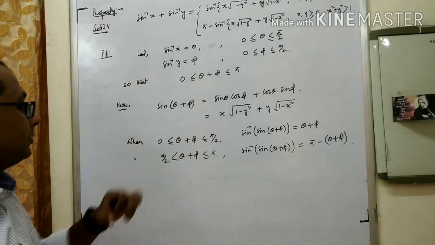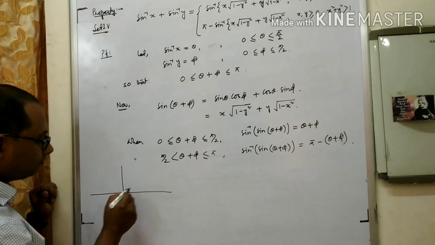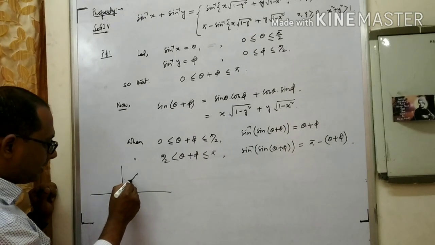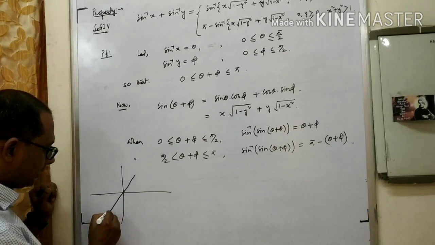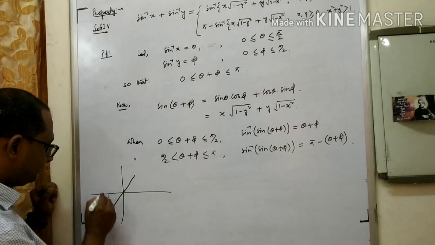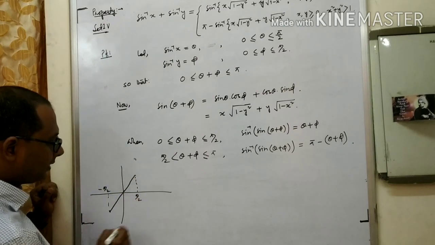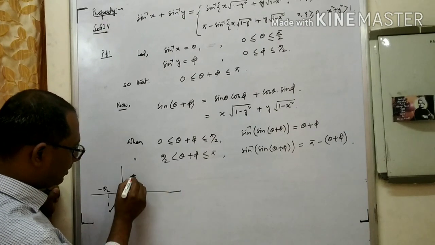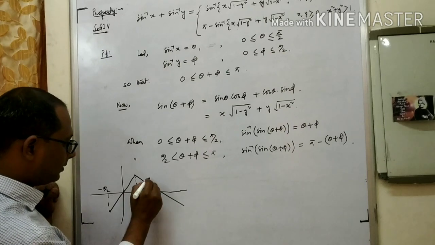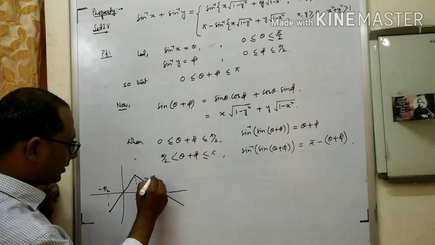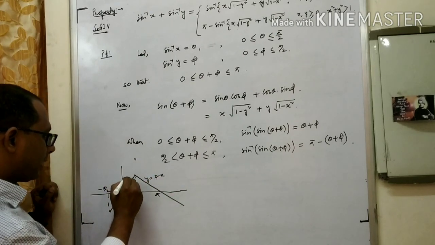Please understand, the other day we discussed the graph, if you remember. Sine inverse of sine theta is theta in this interval minus pi by 2 to pi by 2, and this one is y equal to pi minus x, this is y equal to x.